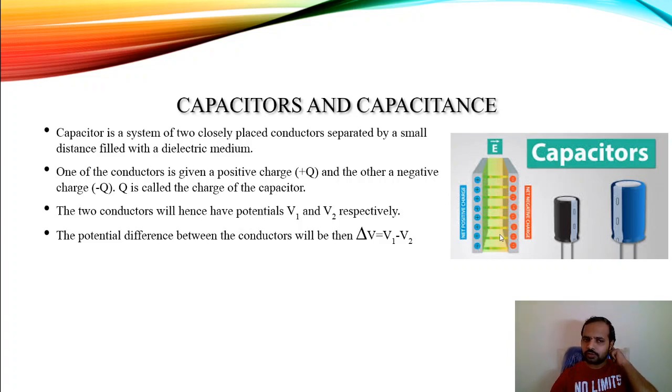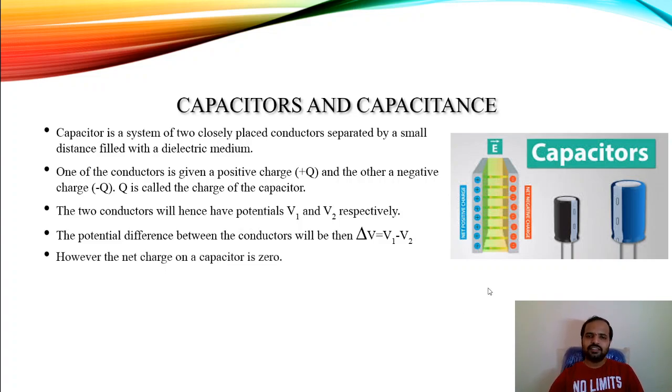However, we may also choose to insert some dielectric medium in between this particular region. That is, without leaving any gap, I can fill up this region between the two conductors with a dielectric medium. So then also we can actually use the capacitor to enhance the capacitance of that particular device.